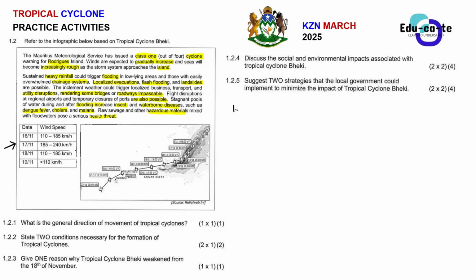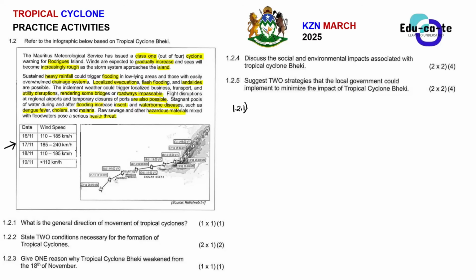Now, the question: what is the general direction of movement of tropical cyclones? What is the general direction of movement of tropical cyclones? Yes, Bandisile? Eastwards. Really? Eastwards, guys. Tropical cyclones.